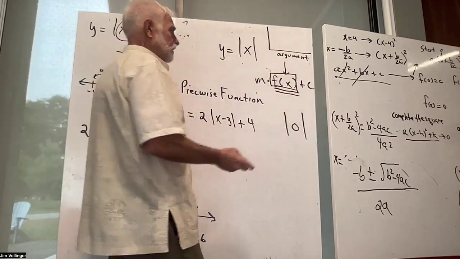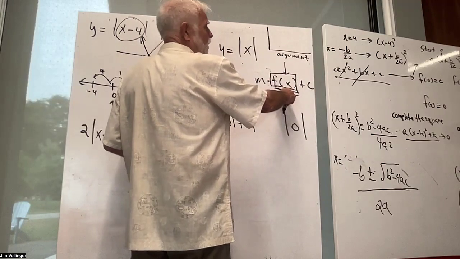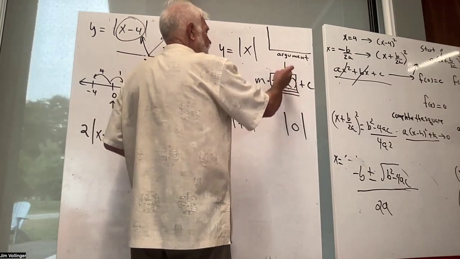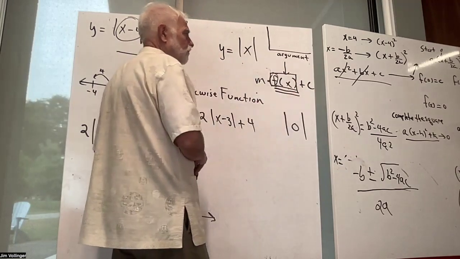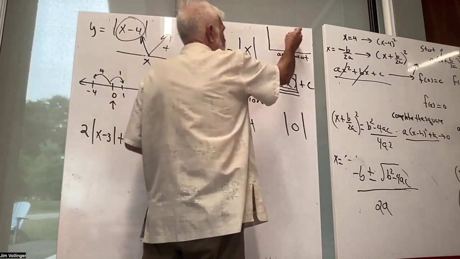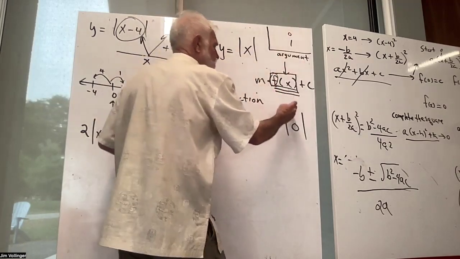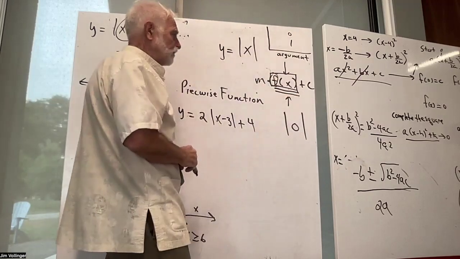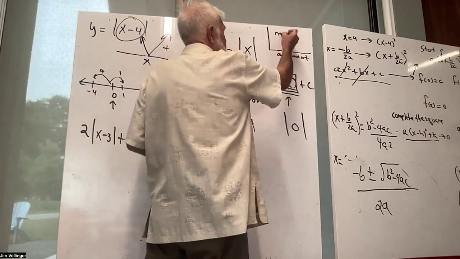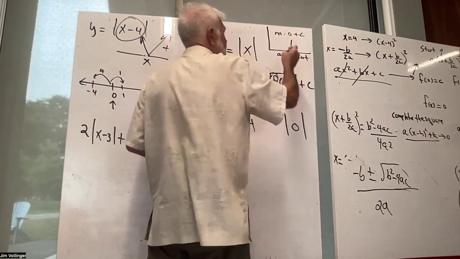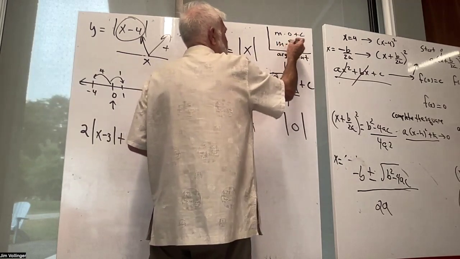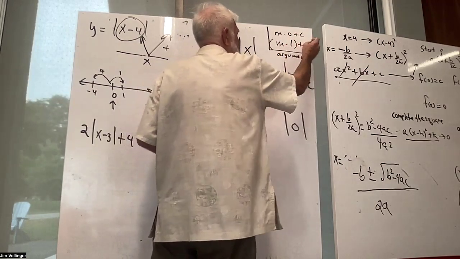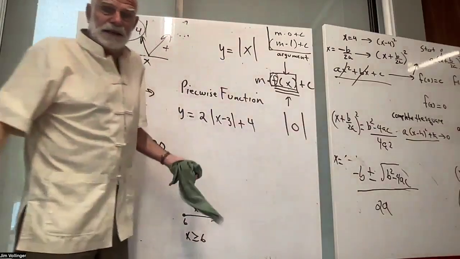F of x. This is the argument here. It could be more complicated, but generally speaking, our major function, right? We've been making 0 and 1. We've been making zeros and ones out of that part of these equations. Because what is m times 0 plus c, and what is m times 1 plus c? Easy calculations.